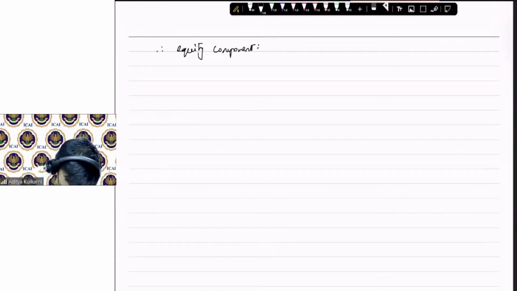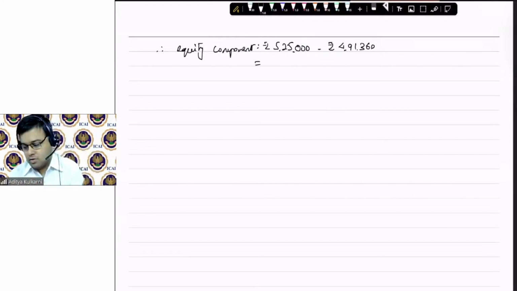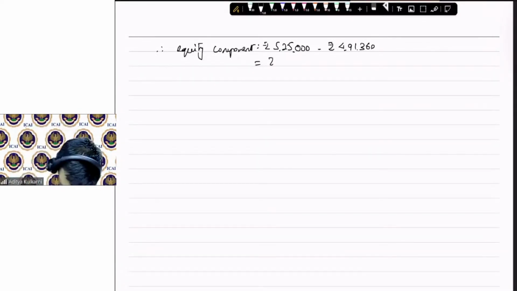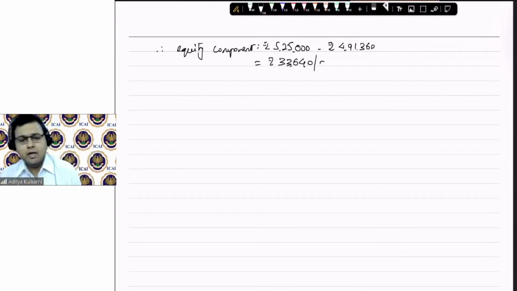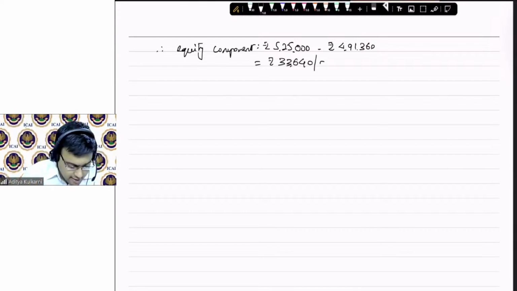Equity component is 5,25,000 minus 4,91,360. So this is 33,640.